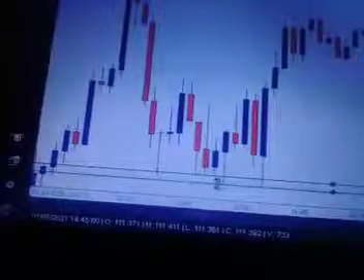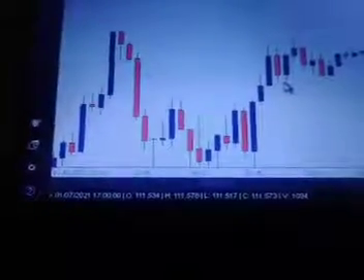So you can see that the market came to this level here, tested here, and then it went up. It went up to another level of resistance. So this was the level of support.